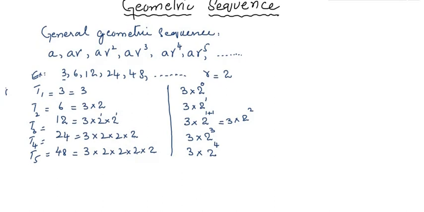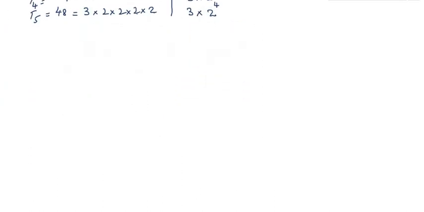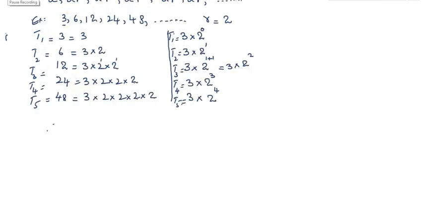The first term T1 is A. The first term is 3 into 2 to the power 0, the second term is 3 into 2 to the power 1, the third term is 3 into 2 to the power 2, the fourth term is 3 into 2 to the power 3, and the fifth term is 3 into 2 to the power 4.